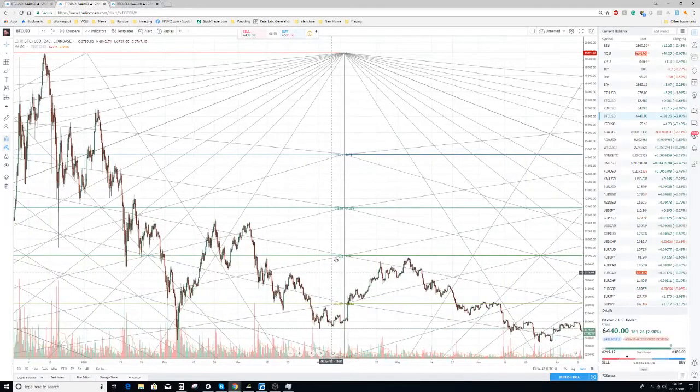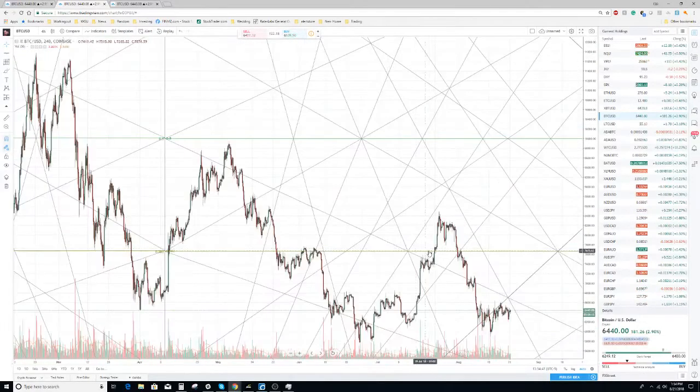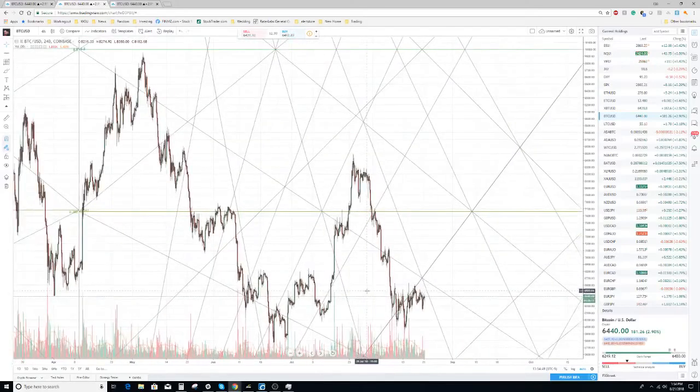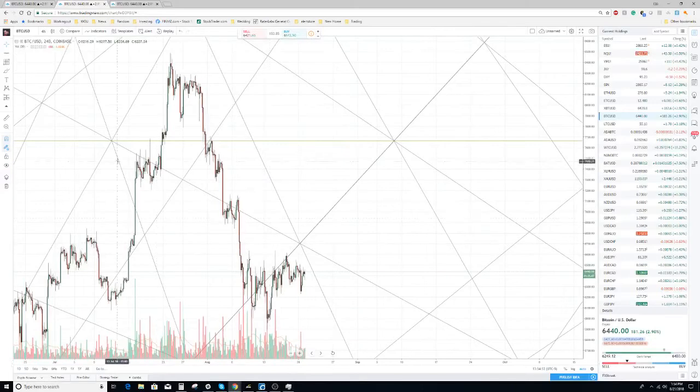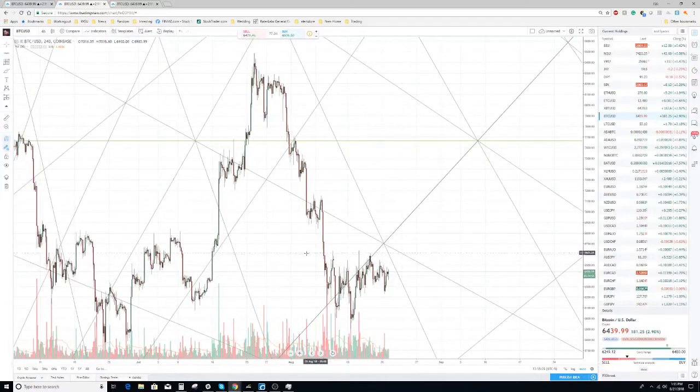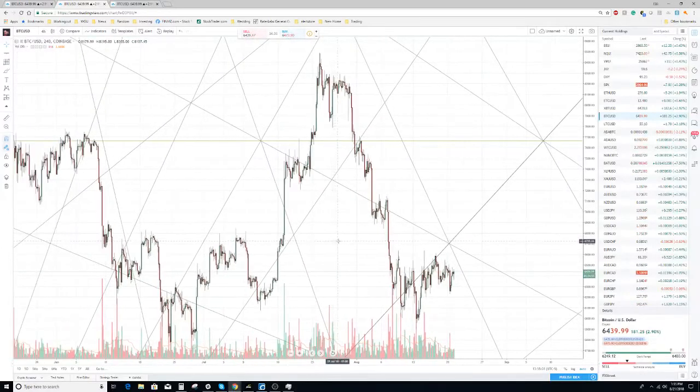It gives you an idea of a trading range around them. Like we have this head and shoulders pattern here, but we also know that there was a break of that before the neckline was broken because of this angle here. So this is just an example of how to create that kind of a square.